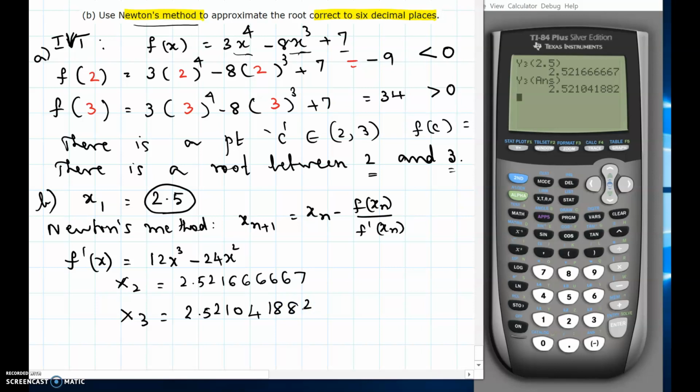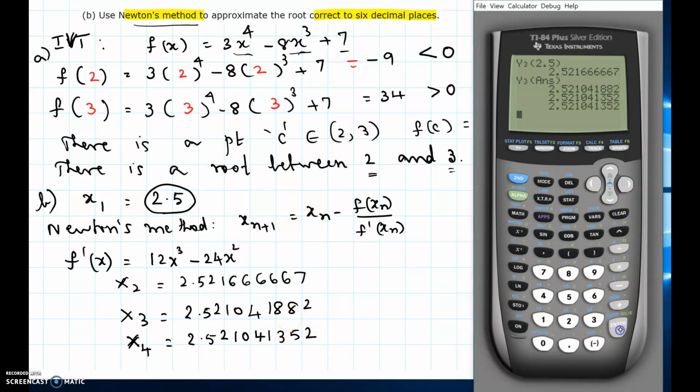Now you do the same thing: hit enter, and that gives us the next approximation, which is x4. We have to do this until we get two approximations which agree to 8 places of decimals. So this is 2.521041352, and only the last 3 digits change from the previous approximation. Hit enter one more time.